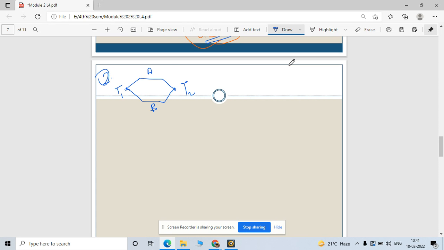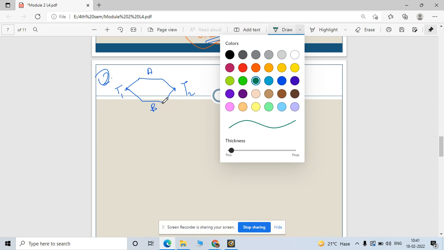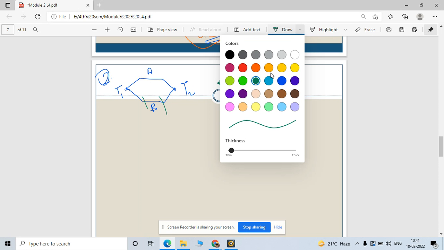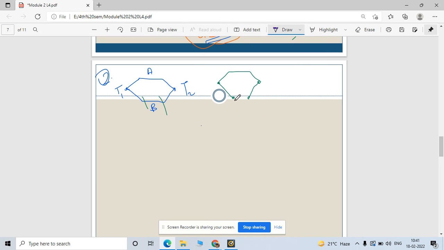Now if you cut metal B and add a new metal, which I consider metal C. This is your A and this is your B, and you cut and add metal C, and this is your B, right?